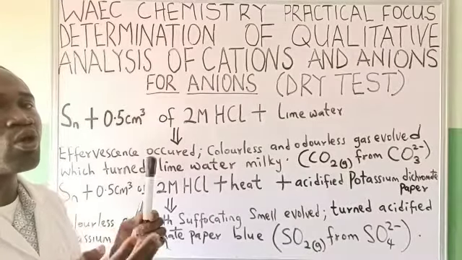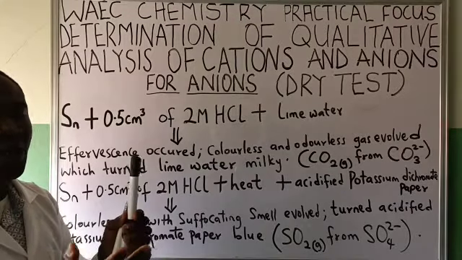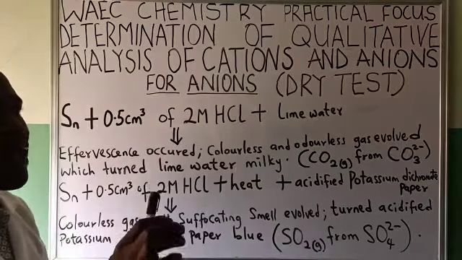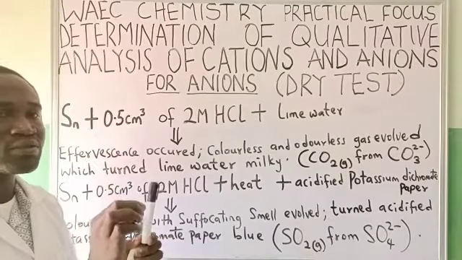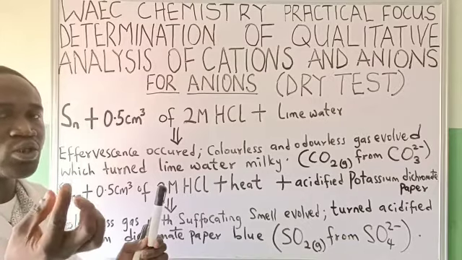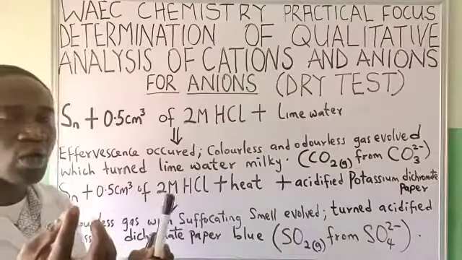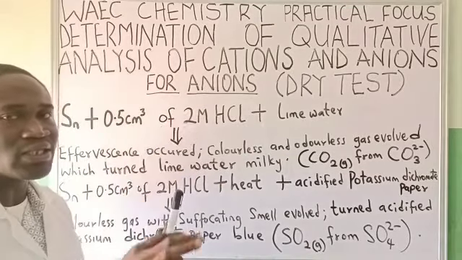Now, how do we know what we call effervescence? If you want to understand what it means, buy a bottle of Sprite. When you buy a bottle of Sprite, add salt, the normal salt, the salt you use to cook at home. Add normal salt inside it.